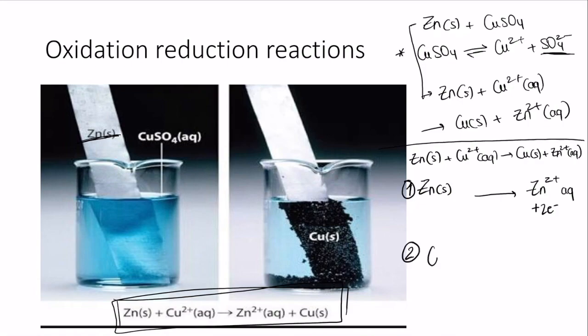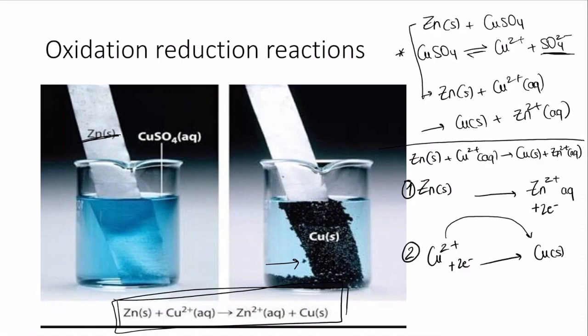Now second, we start with Cu2+ and we end up with Cu as a solid. You can see the red deposit of Cu here. So Cu2+ becomes Cu. The jump from Cu2+ to Cu requires 2 electrons.